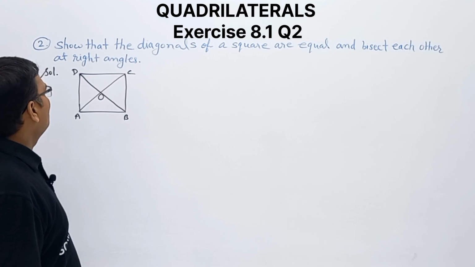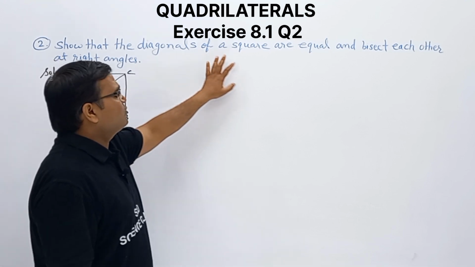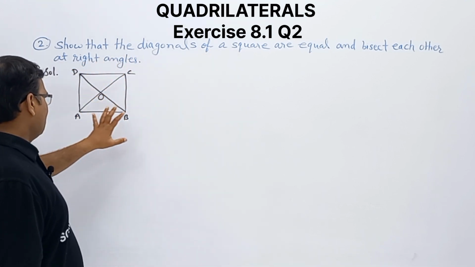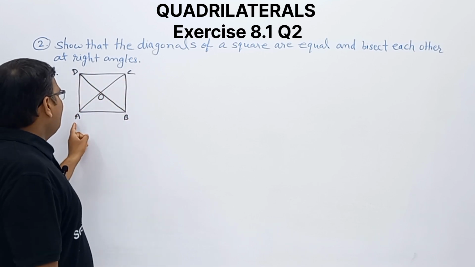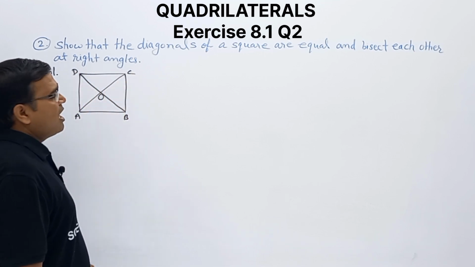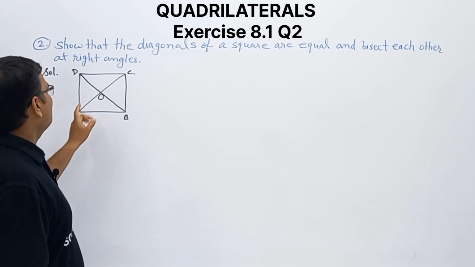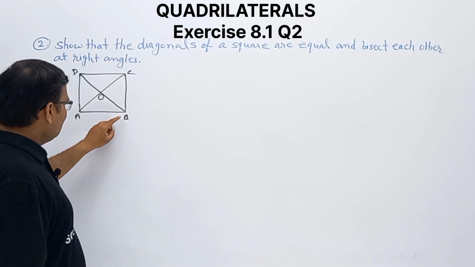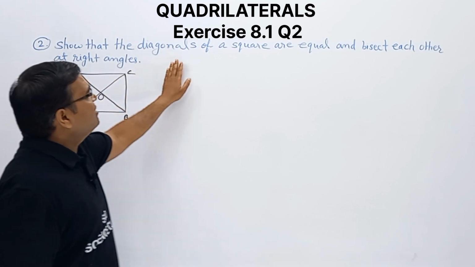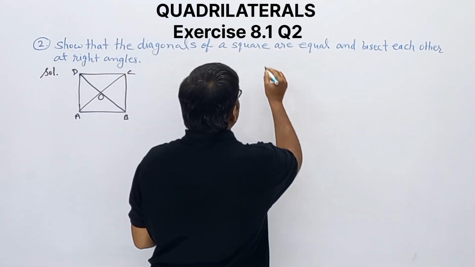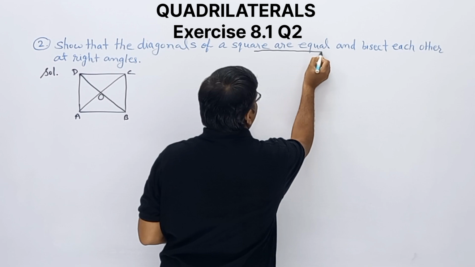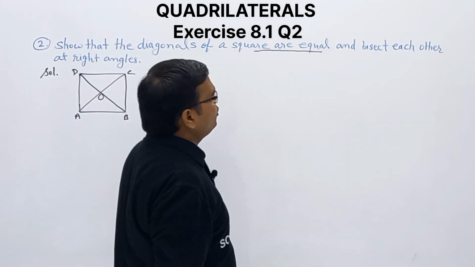We want to show that the diagonals of a square. ABCD is a square, and AC and BD are the diagonals of this square. We want to show that these two diagonals are equal. This thing we want to prove.